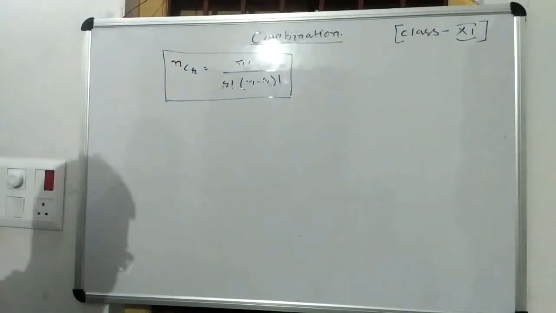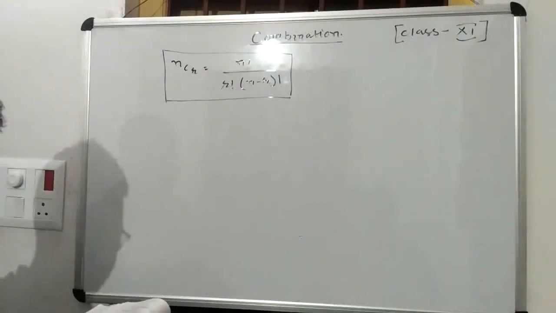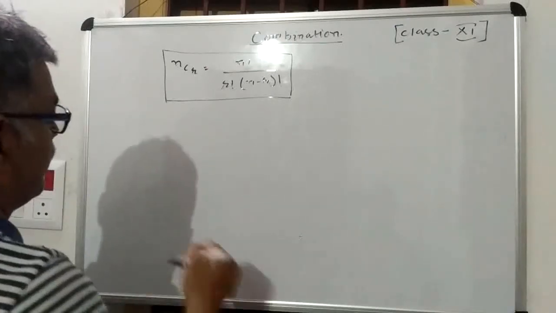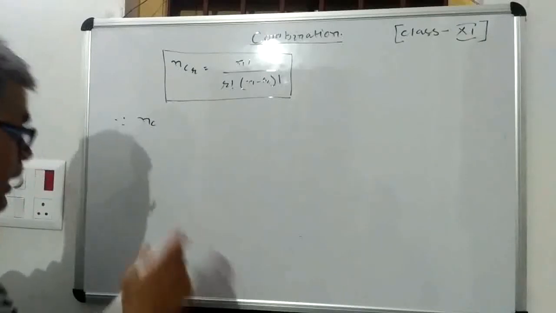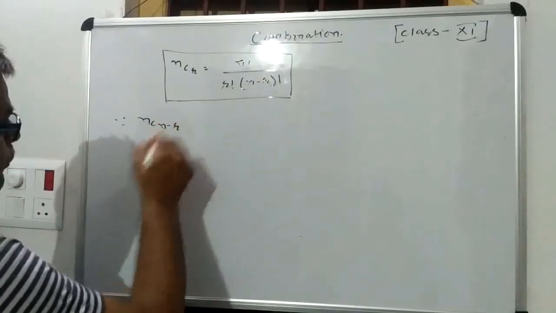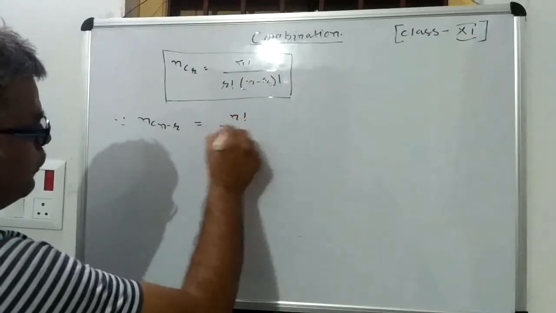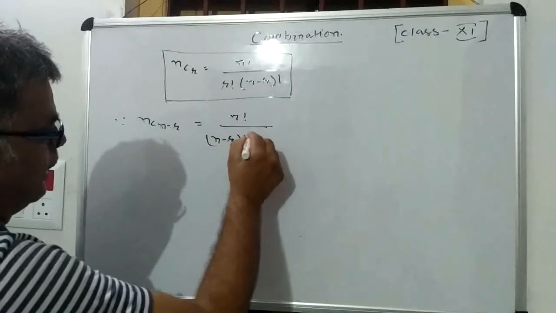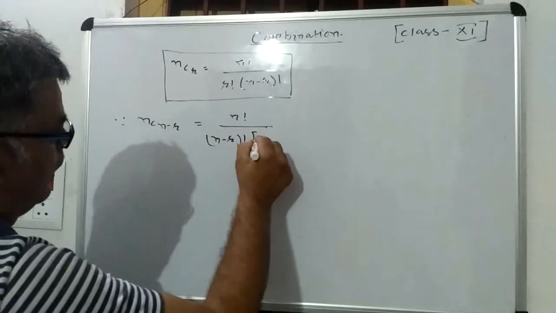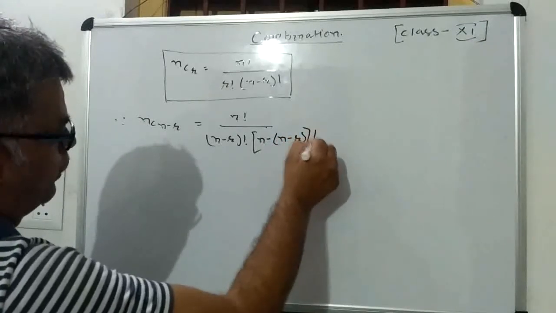The next result is factorial nC(n minus r), what will it be equal to? This will be factorial n by factorial n minus r into factorial n minus (n minus r).